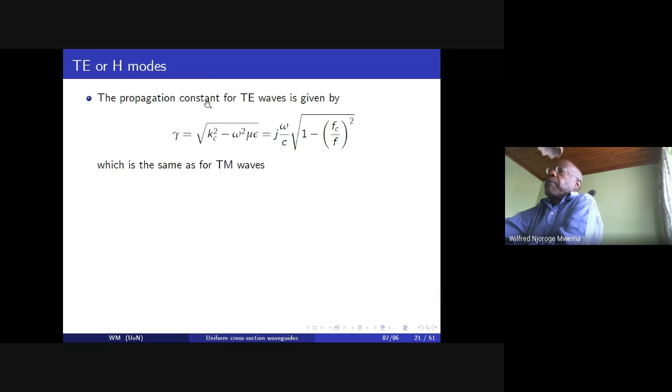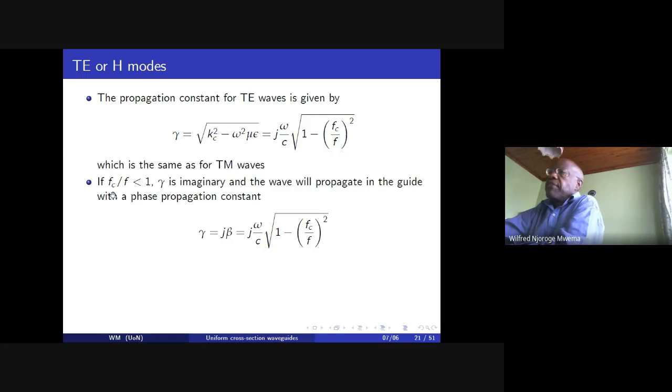The propagation constant for TE waves is also given by that equation there, gamma equal to root of k_c squared minus k squared, and we see that it's exactly the same as the propagation constant for the TM modes, as long as they are propagated, so to speak.